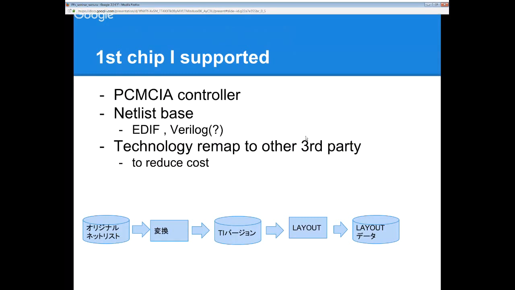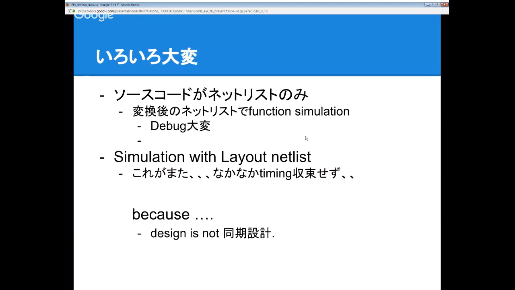So this is a simple image of the process. There is an original netlist, and I just replaced the gates with the target technology and did the layout. At that time, it was very hard for me because the source was just a netlist, with no higher-level description, so debugging was so hard.